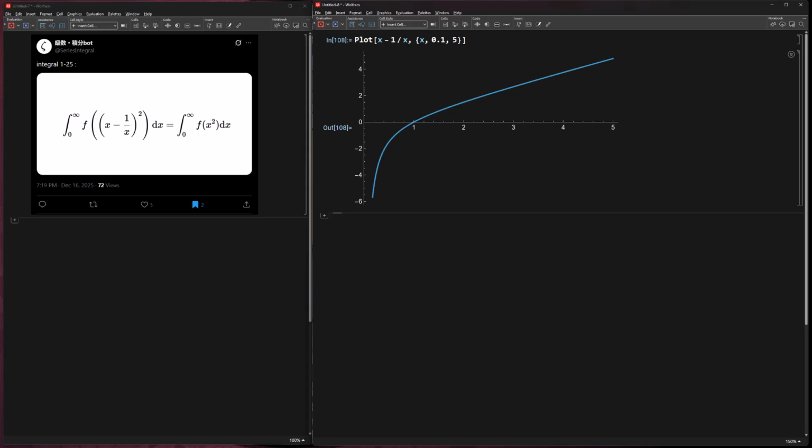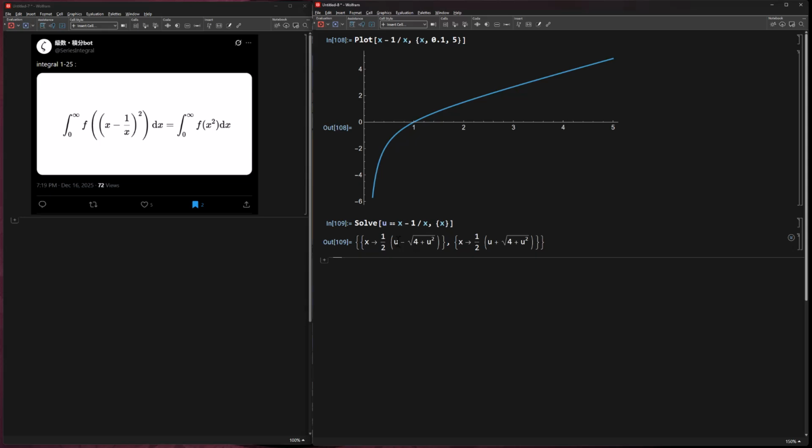So let's take a look at the u-substitution that will be useful for the left-hand side of the equation. You can assume that u equals x minus 1 over x, and we want to solve for x because eventually we want to replace the dx part with du. Unfortunately, with a square term of x, you probably have two branches.